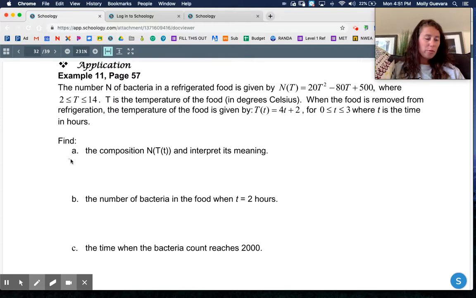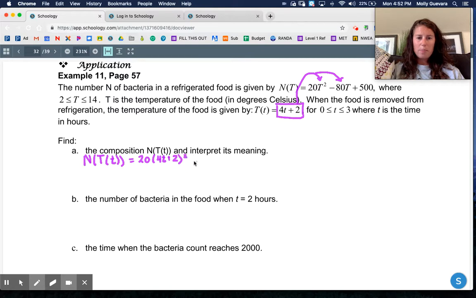N of T means I am taking T of t and plugging it into N. So I have 20 times, instead of t squared, it's going to be 4t plus 2 squared, minus 80 times 4t plus 2, plus 500.